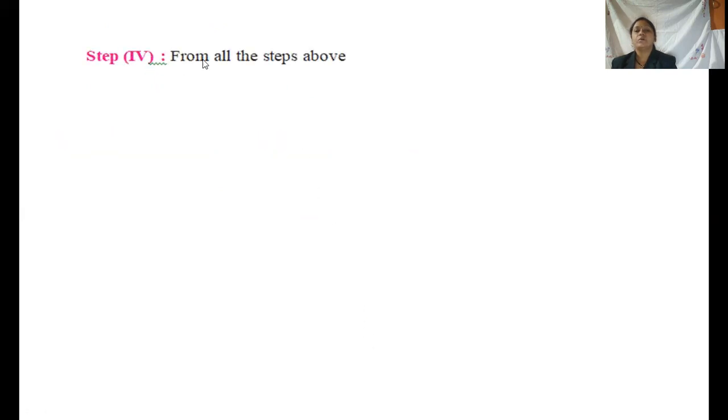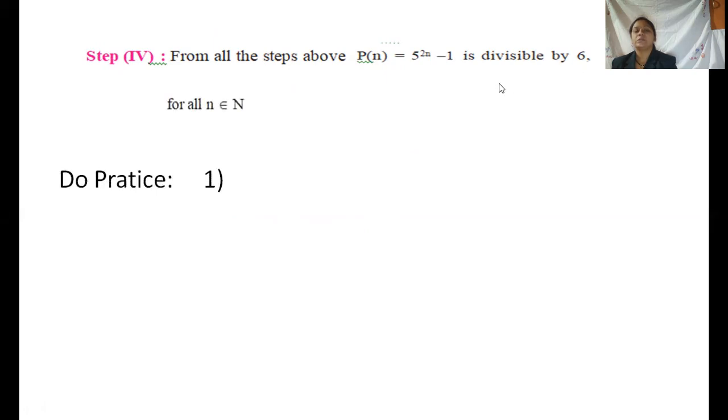From step number 4, from all the steps above, Pn is equal to 5 raised to 2n minus 1 is divisible by 6 for all n belongs to natural number. So we will stop here. Do practice these examples.